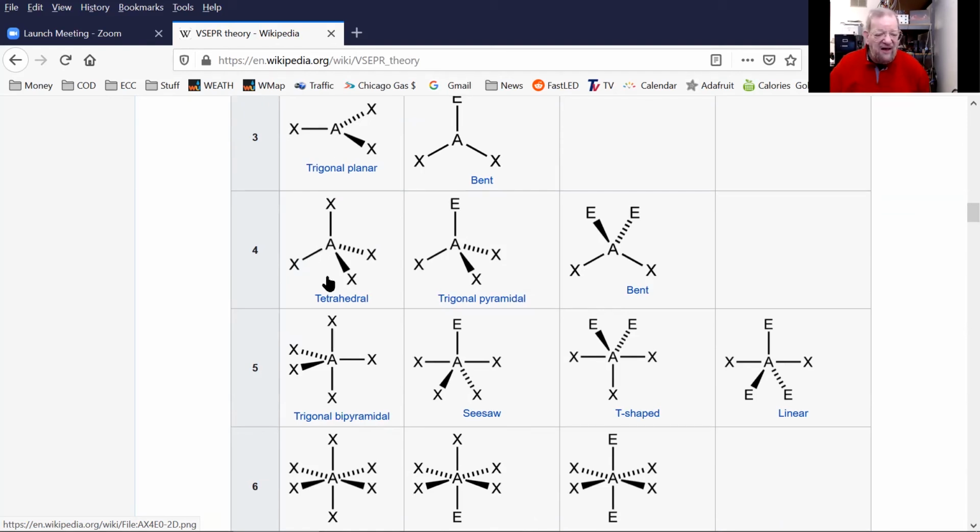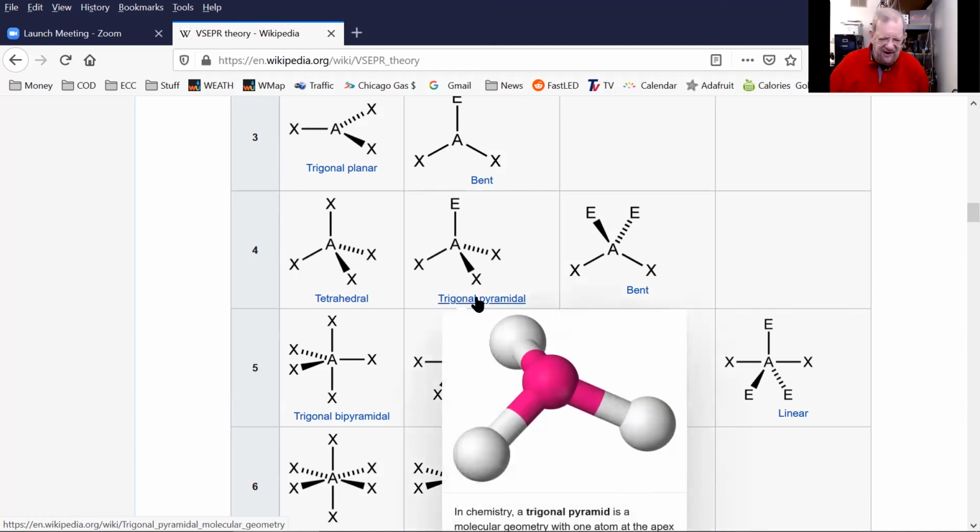If we look at 4 bonds to a center atom, it's tetrahedral. And if you look at methane, CH4, which is your natural gas, it is tetrahedral. Now, ammonia, NH3, has 1 pair of non-bonding electrons and 3 pairs of single bonds. And it has a trigonal shape.